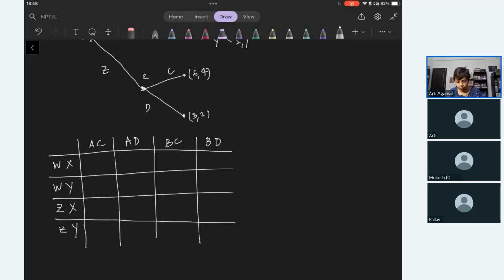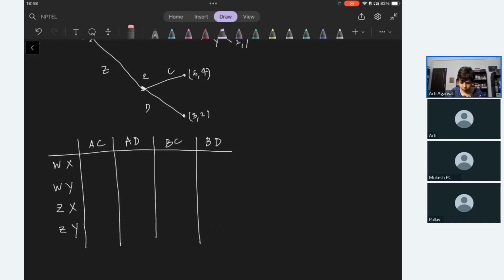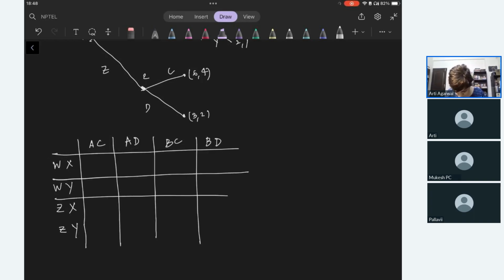Okay, so my game table is a little less. This is better.